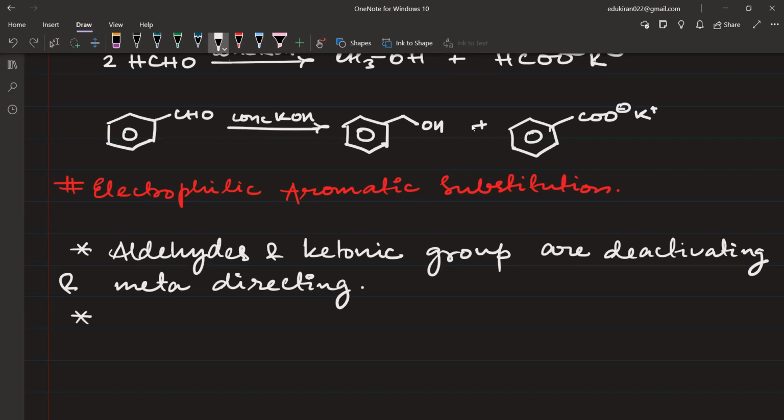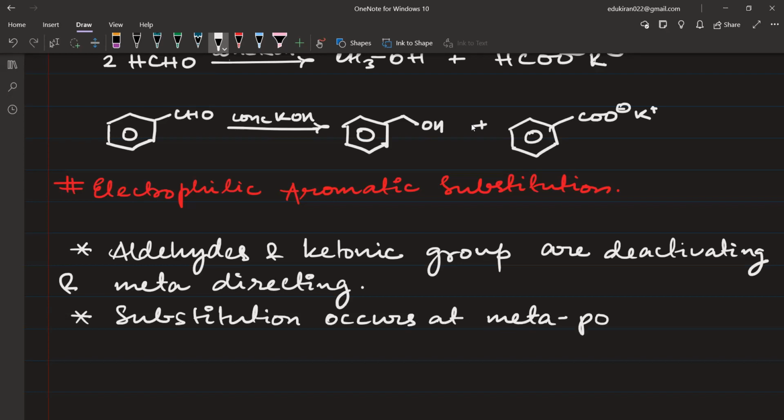Therefore, the substitution will occur at the meta position.